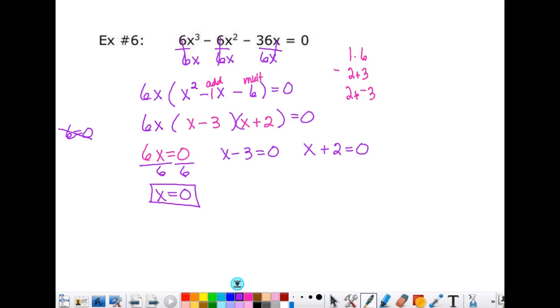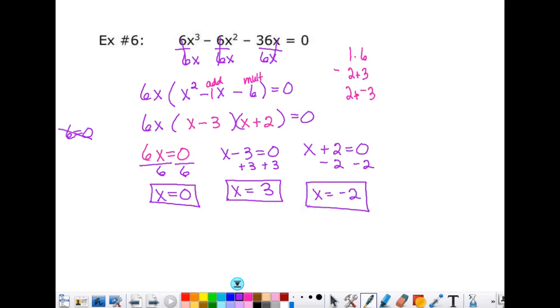Okay? There is 0 on the x-axis. There is a 0 there, right? You could have a graph crossing there, and I'll draw you a little picture here in a second. So what is x here? +3. It's the opposite sign because you're going to add 3. What is x here? -2.